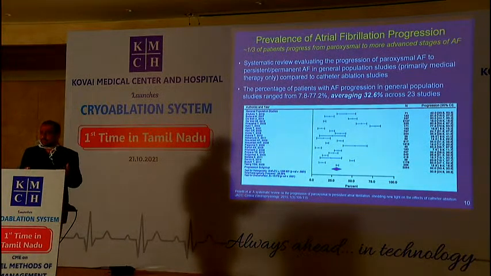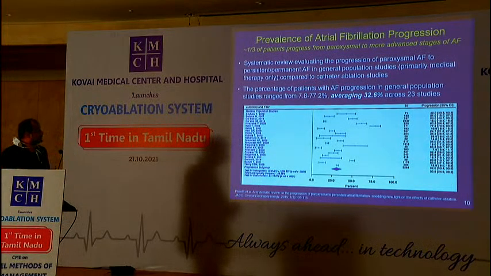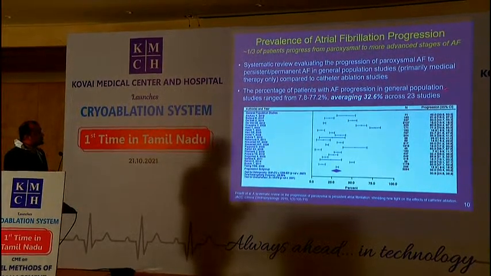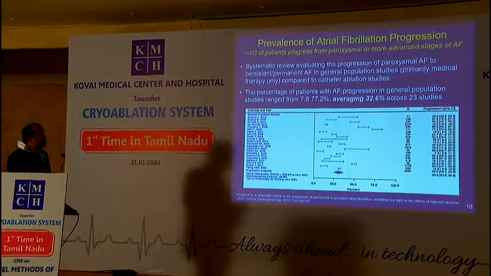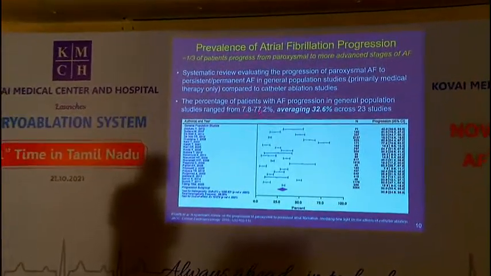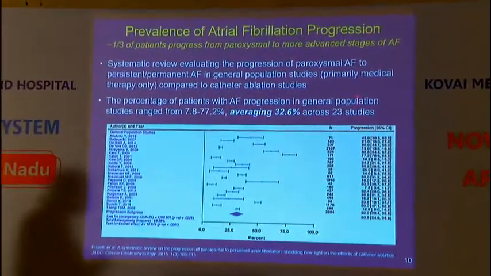So what changes when a patient changes from a paroxysmal to a permanent state? A lot of changes happen in the patient's lifestyle also. If you look at all the studies, you clearly see all the studies show progression from paroxysmal to permanent, ranging from 7.8% to 72%, 77%.